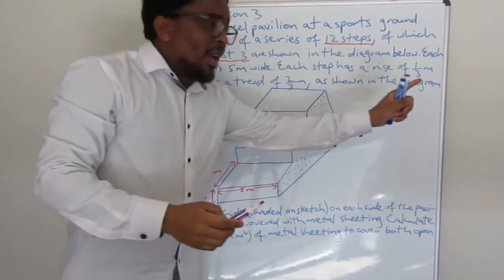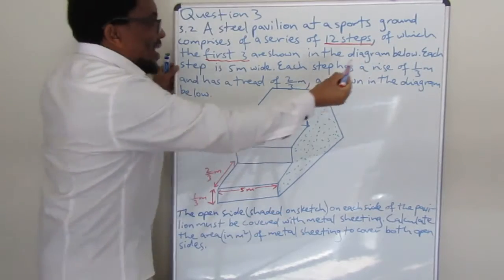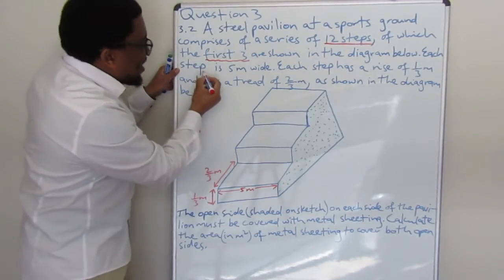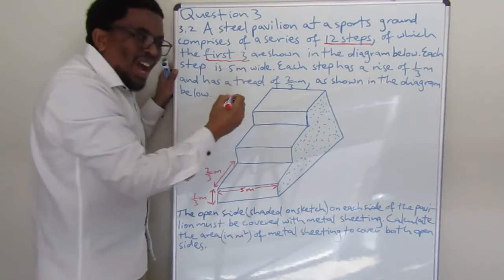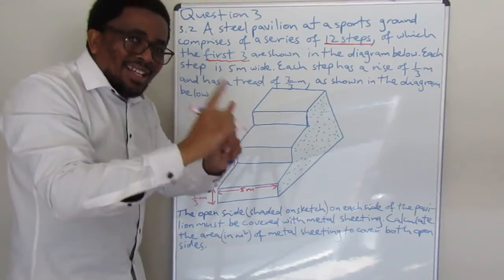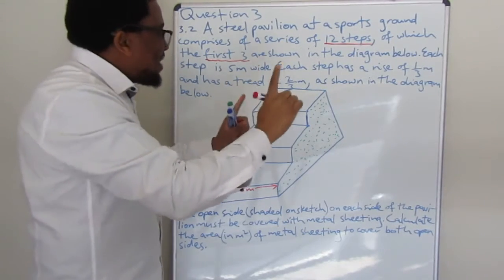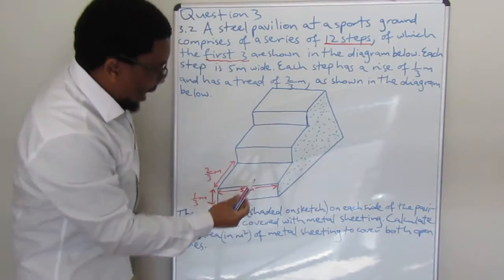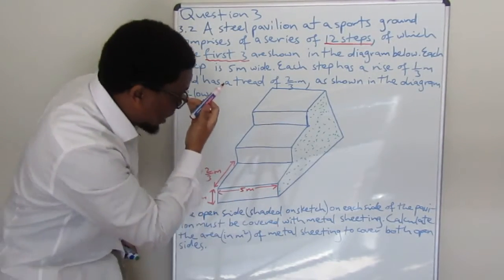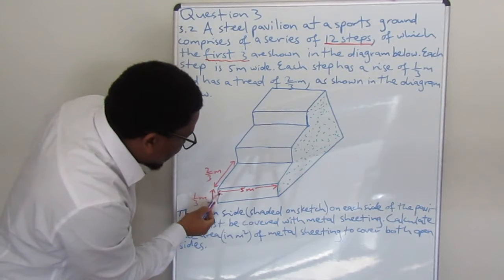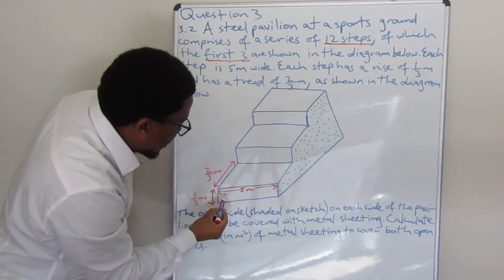Now, I am told here that each step is 5 meters wide. Each step is 5 meters wide. I come to my diagram and say, okay, if this here is my first step, can you see?